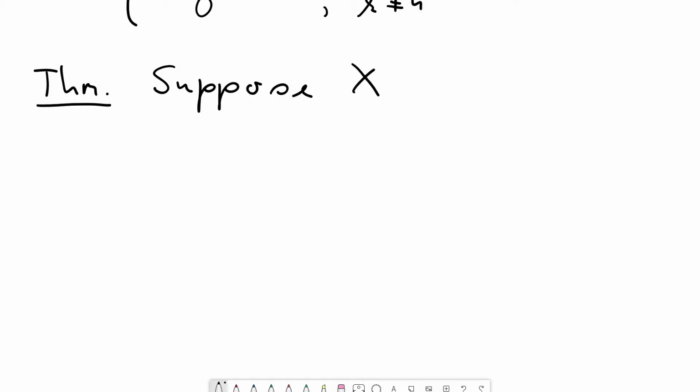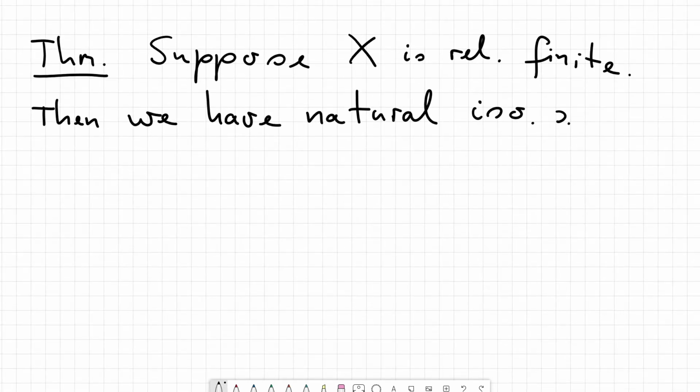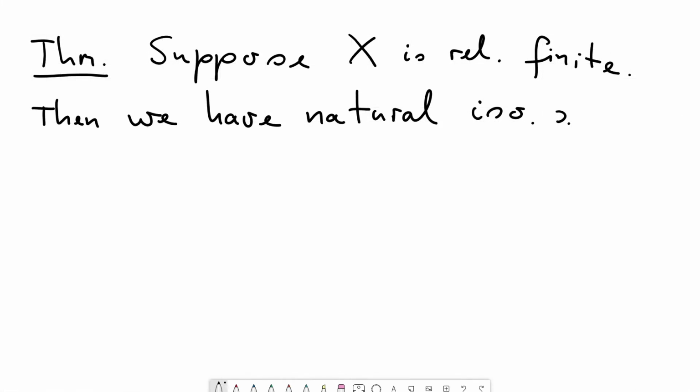So suppose X is relatively finite. Then we have natural isomorphisms. Maybe it's better to say that X, A is finite. Yeah, that's right, because that's the way we defined it. Okay, let me write it that way. Suppose X, A is finite.